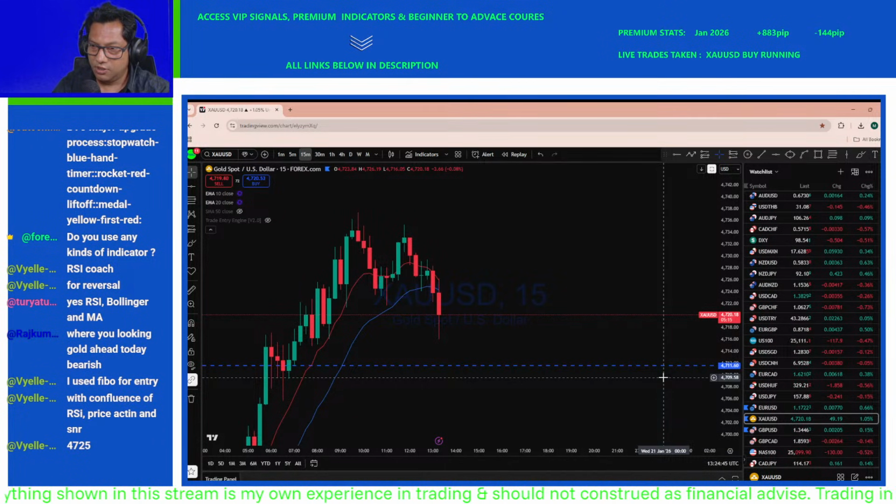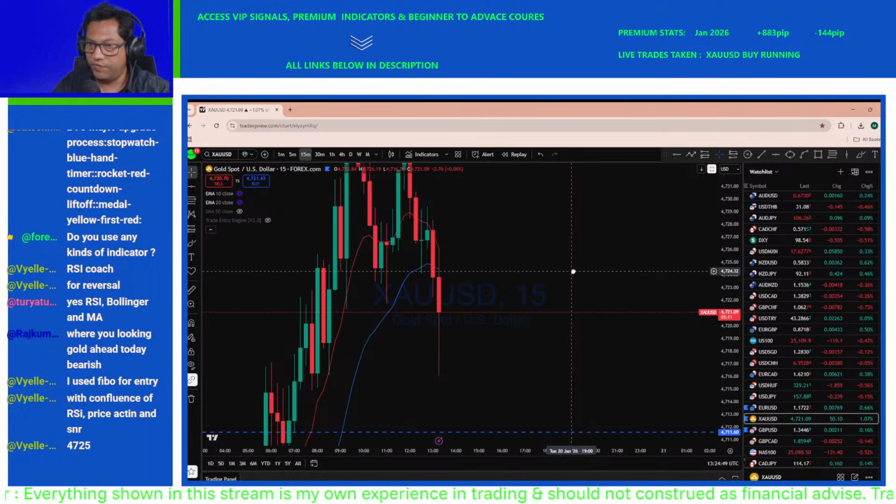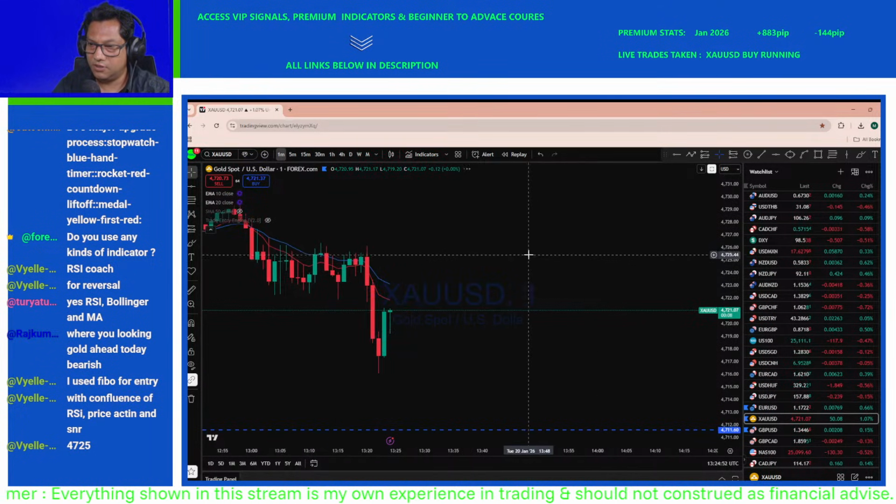This is the 15 minute candlestick pattern. It's entirely broken back below.